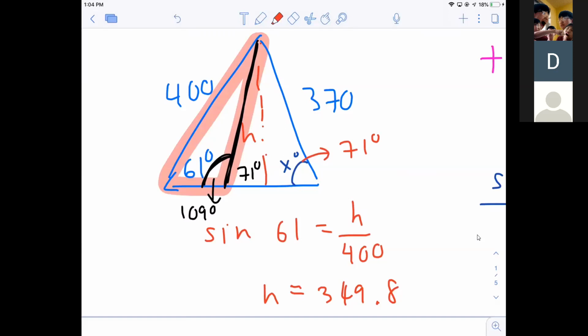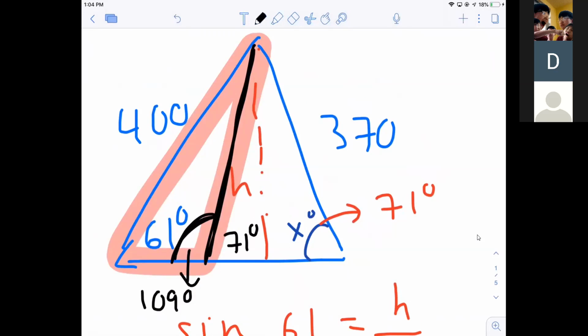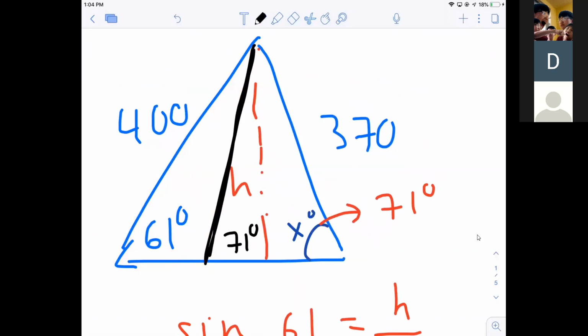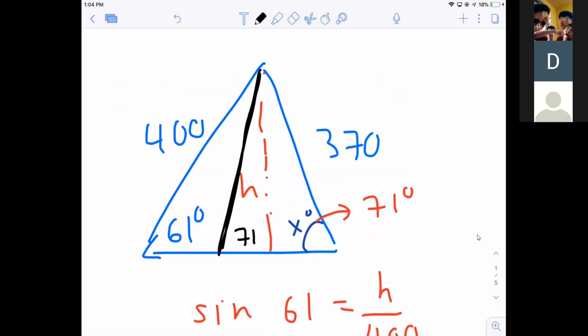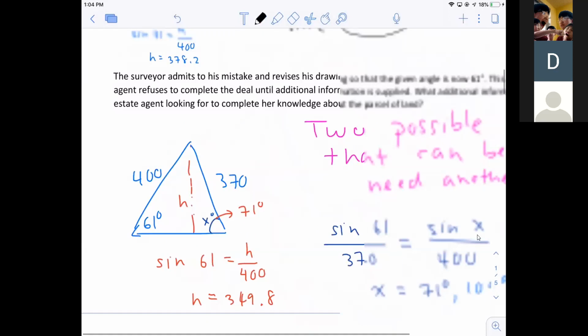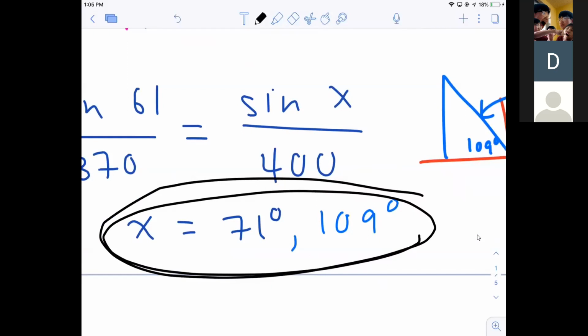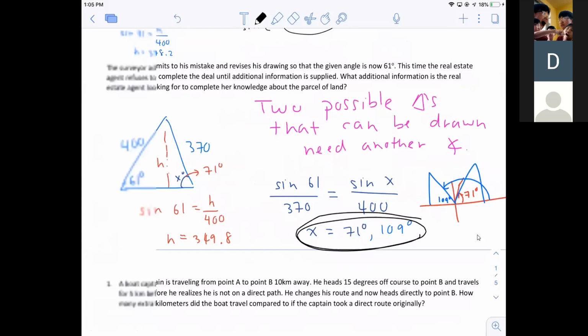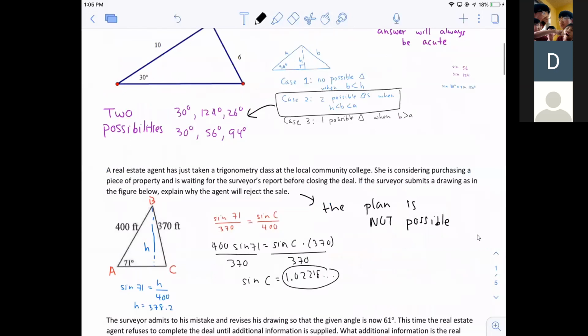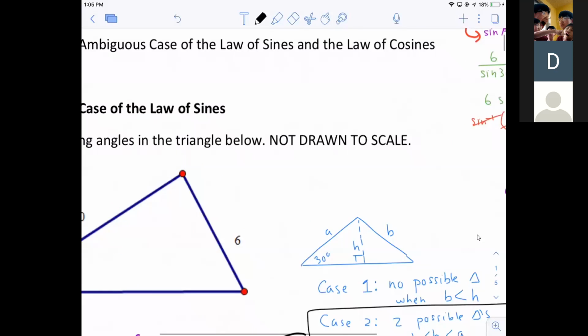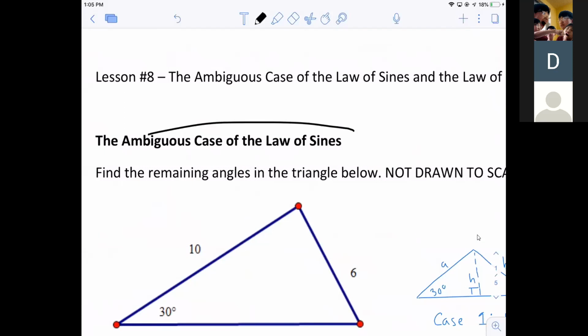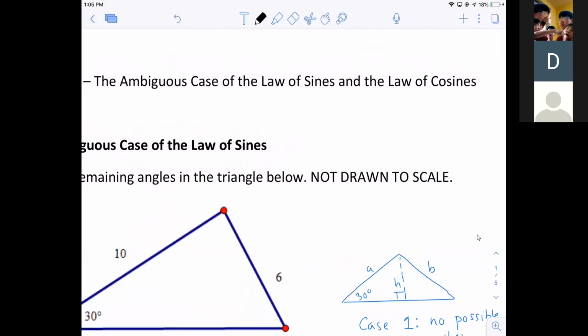It could be a 61, 109, which is less than 180, so it's a possible triangle, and this could be 10 degrees. Or we can have the other possibility of 71 degrees. So it's ambiguous: you can have two possible triangles. That angle could be both 71 or 109 degrees. All right, good? So that is the first half of our lesson, the ambiguous case of the law of sines.